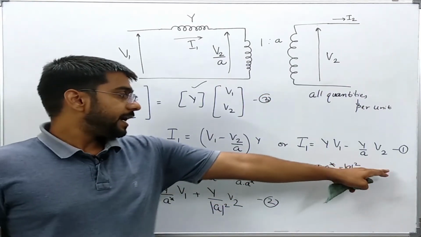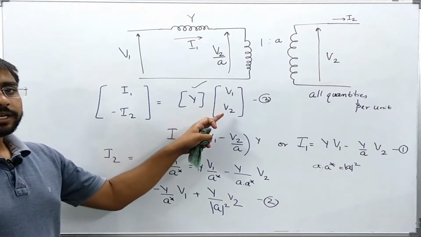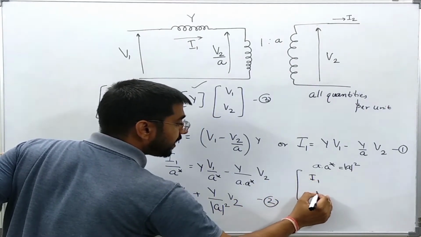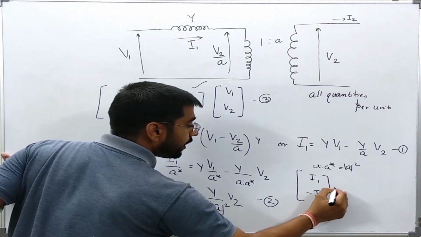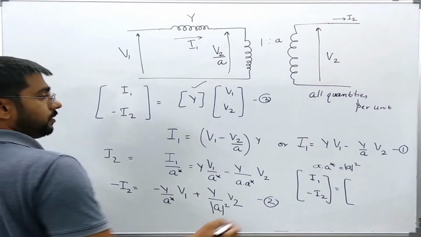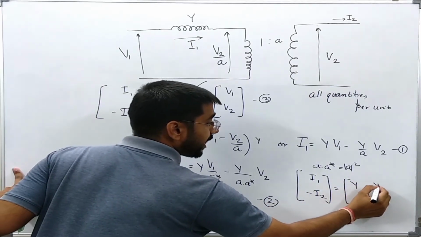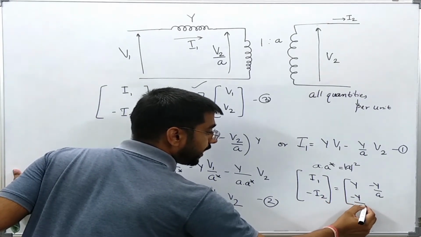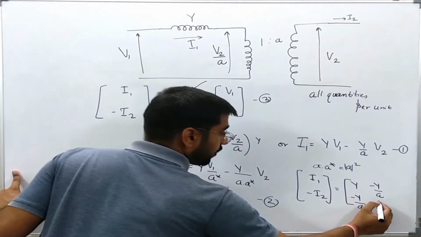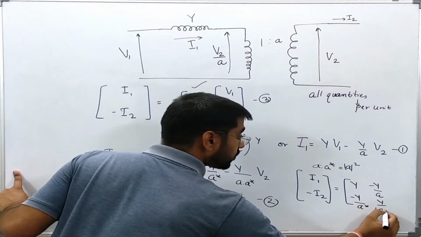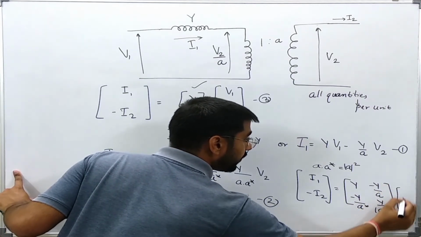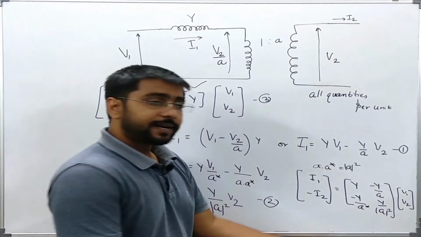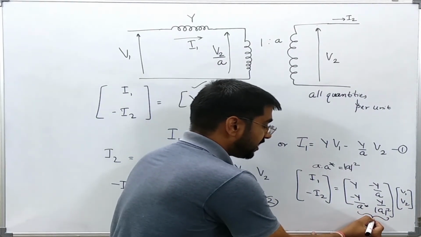So I can write equation 1 and 2 in the form of equation 3, and I will write it simply as I1, I2 is equal to the matrix Y, minus Y over A, minus Y over A conjugate, Y over A magnitude squared, times V1, V2. So in this way this matrix shows that this is the admittance matrix.